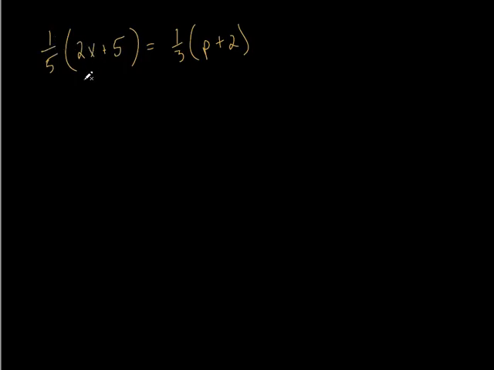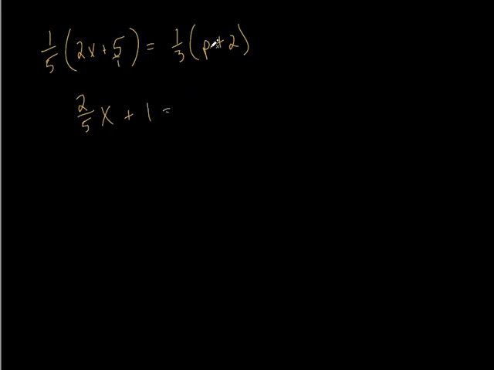So 1/5 times 2x. Now how do we do that? Well, it's just 2/5 x, right? Because that's 2 over 1, and that'd be 2 over 5. Agreed? Plus, what's this? This would be 5 over 1. 5 over 1 times 1 over 5 is 5 over 5, which is just a 1. You should be able to do that in your head.